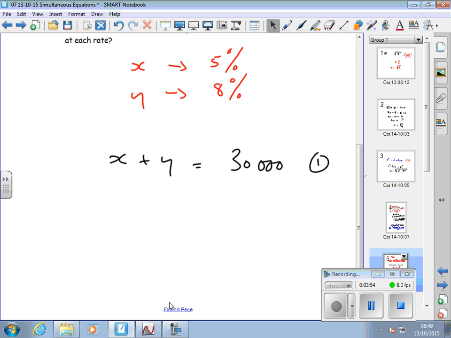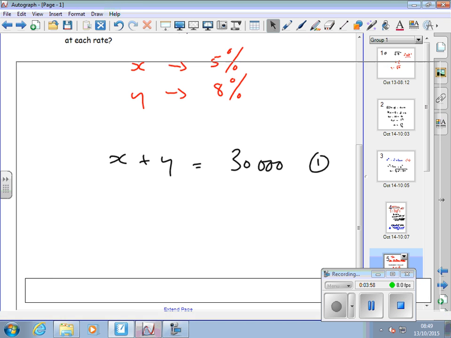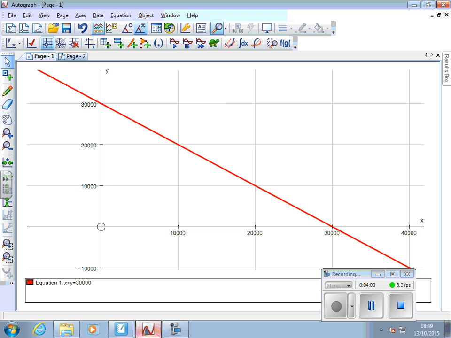So what I can do now is I can plot that on a graph. And I did this earlier. X plus Y, down here you can see it on the bottom left here. X plus Y equals 30,000. And if you look at that graph, hopefully you can see that that makes sense. We've got X, the X-axis, and the Y-axis.